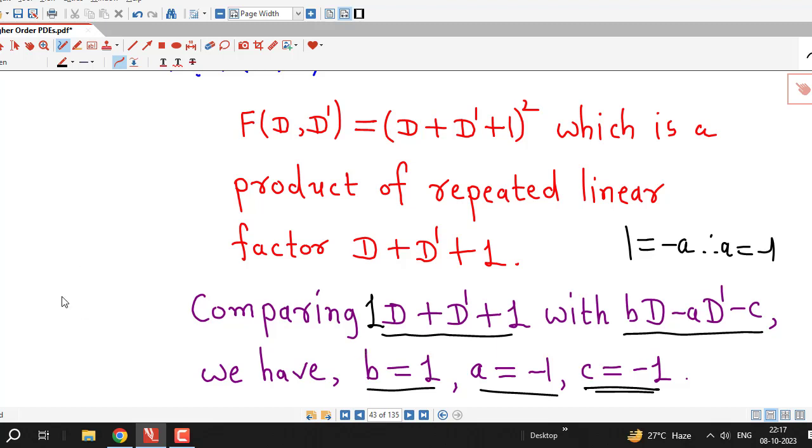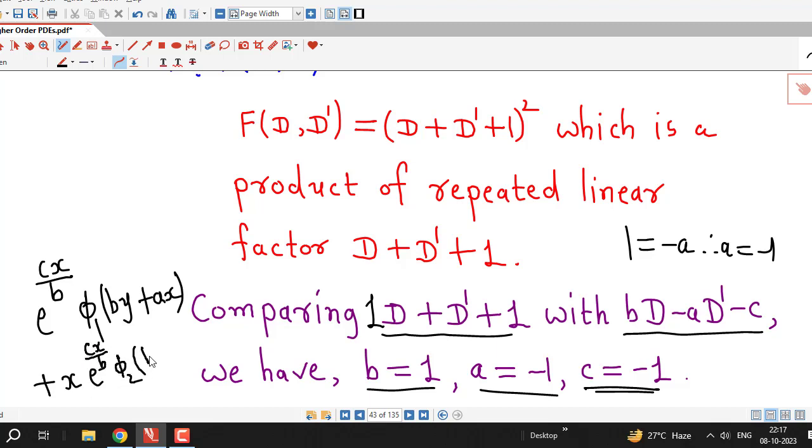And here b is non-zero, so we will use this formula e raised to cx over b, arbitrary function of by plus ax. So one function will be denoted by phi 1, and because this is repeated 2 times, we will have to write x times e raised to cx by b, another arbitrary function of by plus ax denoted by phi 2.